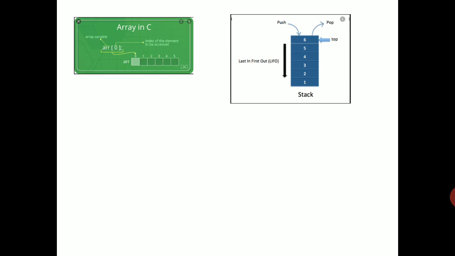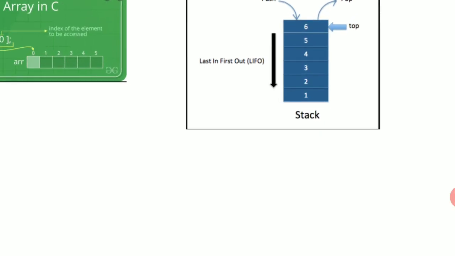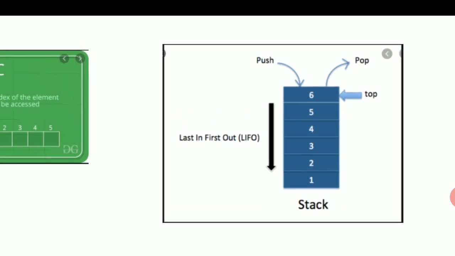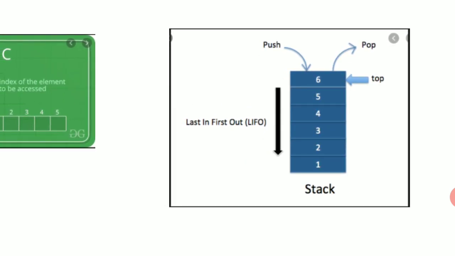This is a stack. You can see the structure of a stack here. It is very similar to an array, but it has a principle. In the image, it is written last in, first out. The LIFO principle it follows. So that is a stack. The best example for this is bangles.